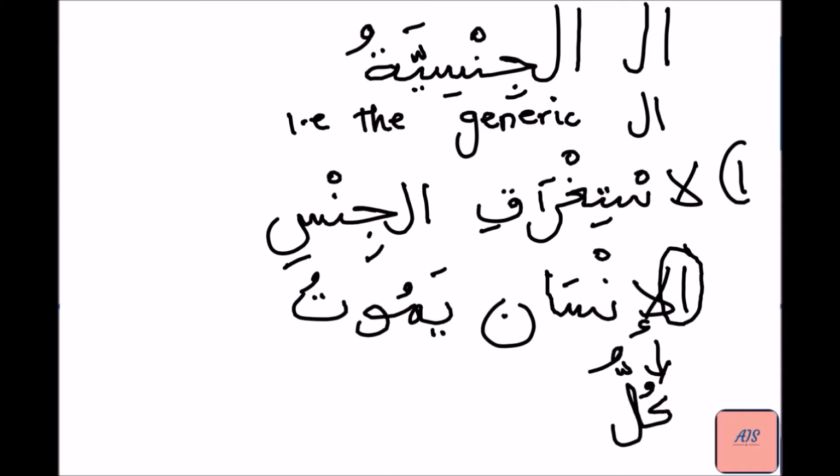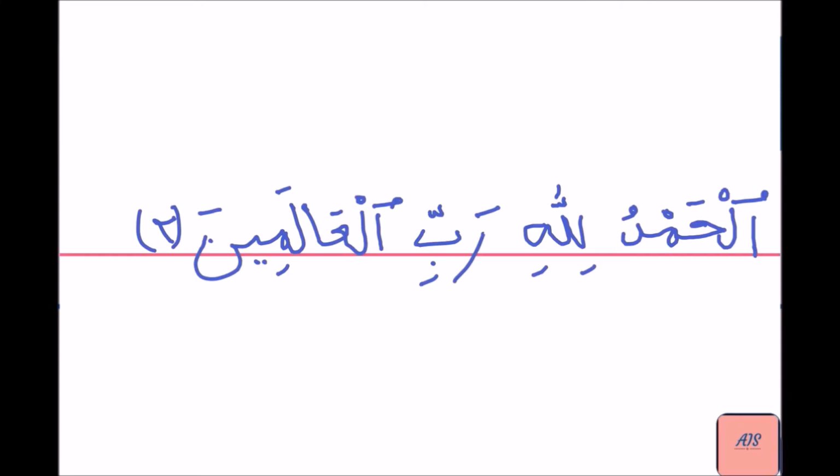Which means every. So the sentence al-insanu yamut, which means man dies, could also be written as kullu insanin yamut, which means every man dies. Now back to the focus word of this lecture.